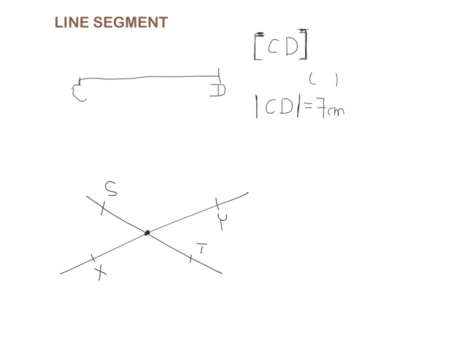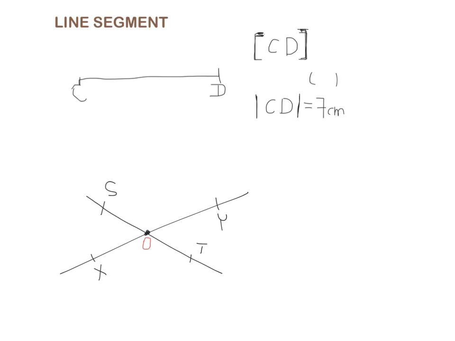What's in the middle? Let's make it O. And there is a name for it. Maybe you can remember from sets, something that's common, something that's in the middle. And this is intersection, yeah. So this point where 2 lines cross is called the point of intersection of the 2 lines.